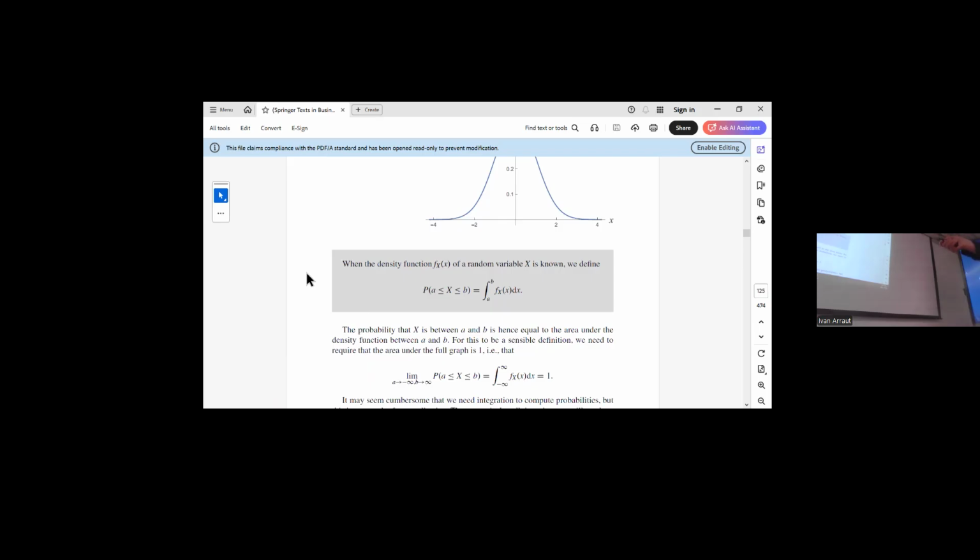So it means it's the area of the curve between A and B. So let's put A here and B here. The area, this area is the probability of getting, and is the integral between A and B of some function here, dx. Fortunately, you don't have to calculate this. Fortunately, because people already did it.